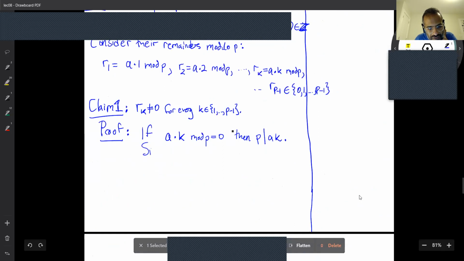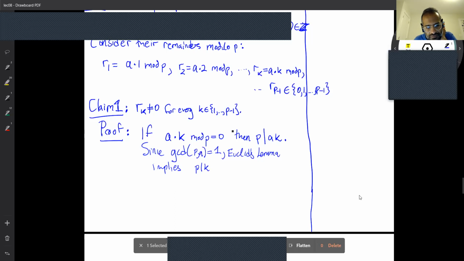Since the GCD of P and A is 1, Euclid's lemma implies that P divides K, which is impossible because K is less than P.